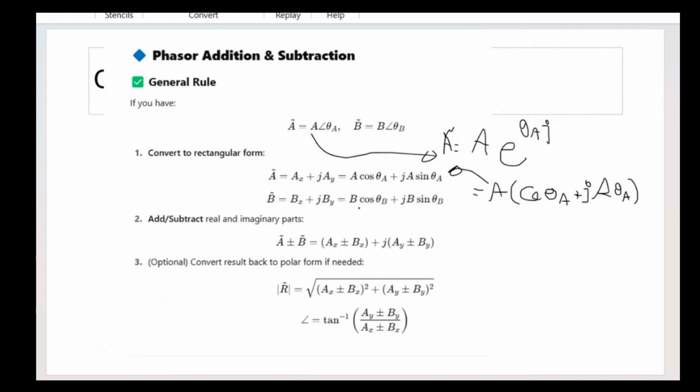Similarly, we can write the rectangular format for the phasor B, and once we have the rectangular format, it's very easy to add or subtract them. And if this is the result, we can again convert that to magnitude and angle so that we have it in the phasor format if needed.